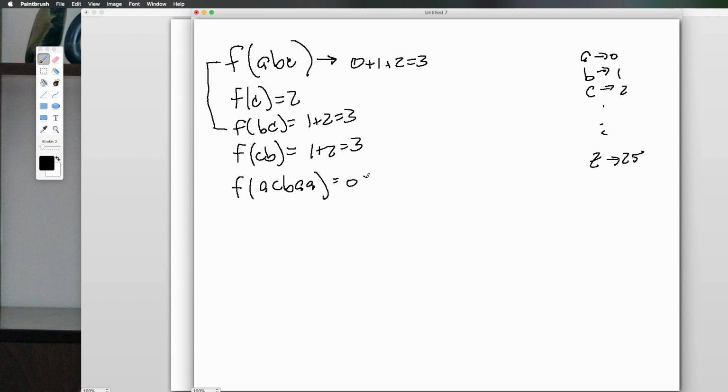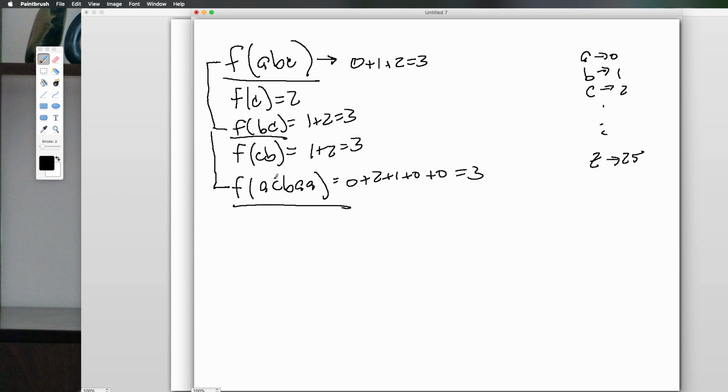Well, that's equal to 0 plus 2 plus 1 plus 0, which is equal to 3. And that's also the same. So I can see that there are a lot of collisions here. Just here, I've created a collision with this one, and this one, and this one. So I don't think that this is necessarily a good idea.